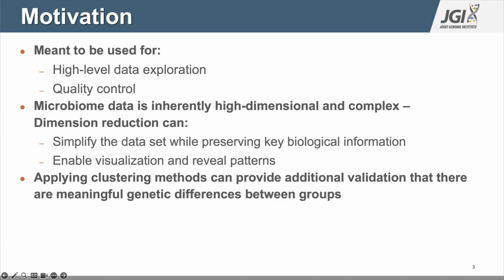And most dimension reduction methods are able to reduce to an arbitrary number of dimensions that's lower than the original number of dimensions. But quite often the goal is to reduce the data to 2 or 3 dimensions so that it can be easily visualized. And once you've done the dimension reduction, applying clustering methods such as HDBSCAN, which is the clustering method that we offer, can provide some additional validation that there are meaningful genetic differences between the groups.